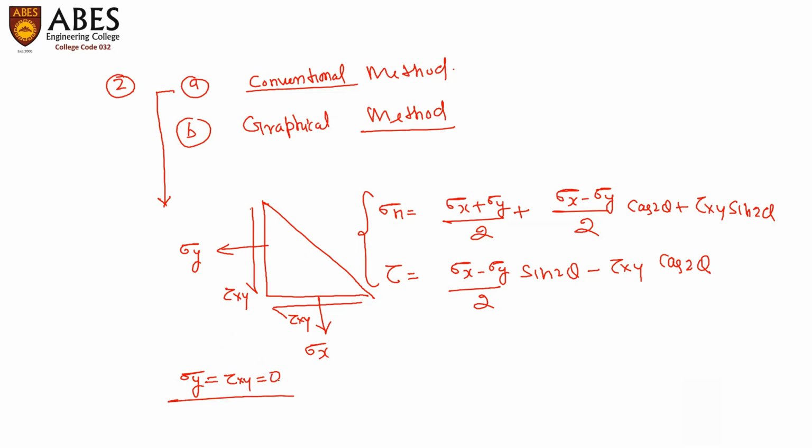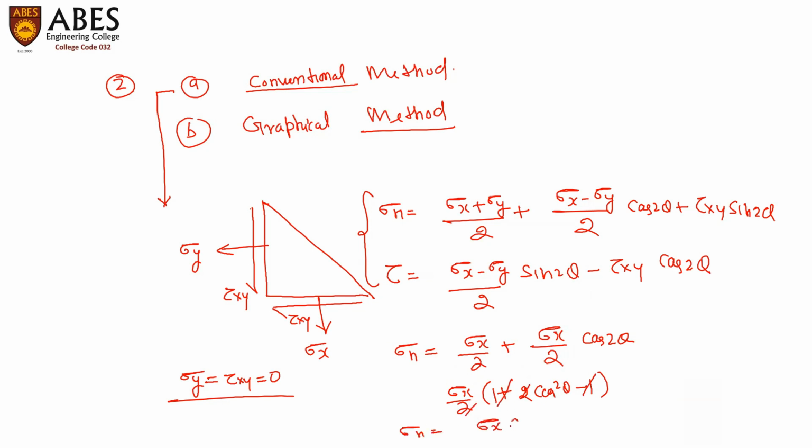Now, if these values are 0, we can easily calculate sigma n is equal to sigma x divided by 2 plus sigma x divided by 2 cos 2 theta, and tau xy is 0. Now, sigma x divided by 2, 1 plus cos 2 theta, or you may say 2 cos square theta minus 1. 1 is cancelled, 2 is cancelled, and the value of sigma n is sigma x cos square theta, right? Same as for the tau. You can easily calculate the value of that one.